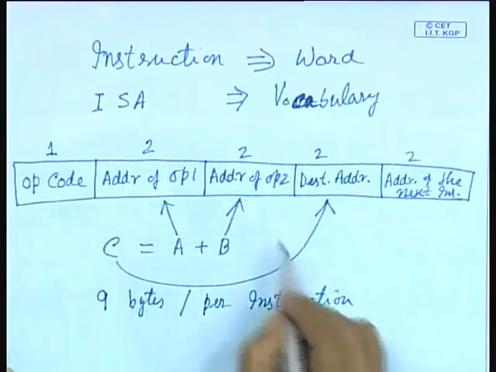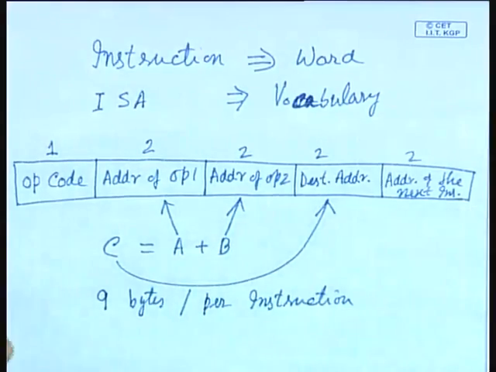Now if 9 bytes are required for a single instruction, and as you know, a program consists of a large number of instructions written one after the other, a program will require very large memory size, because each instruction is long if all the fields are specified explicitly, and then they have to be stored in the memory, and from the memory you have to transfer them to the processor whenever execution takes place.